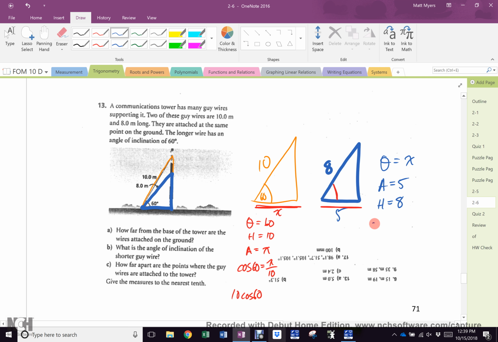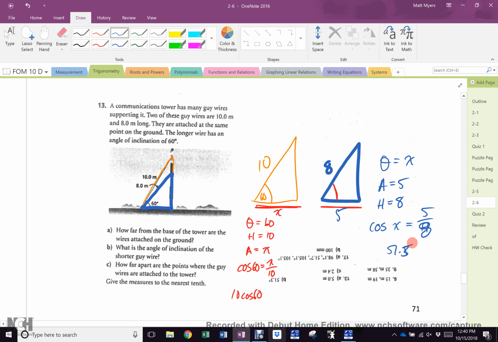What uses A and H? Cos. Theta, I don't know theta. A over H, 8. What do I do to find the angle? Shift cos 5/8. Whatever it is. I think it's 51. I wouldn't have gotten that out of my head. 51 point whatever it is.